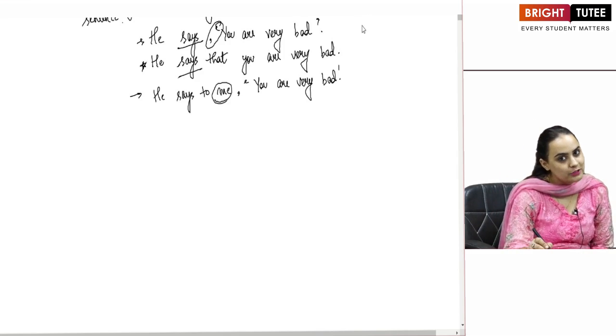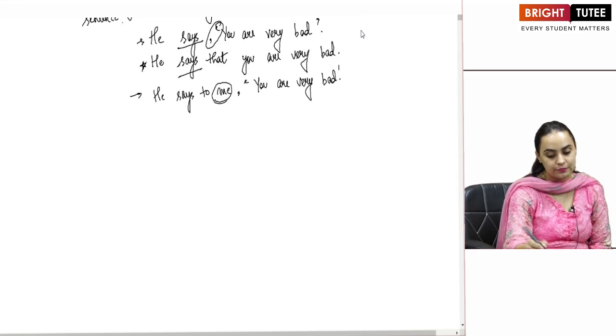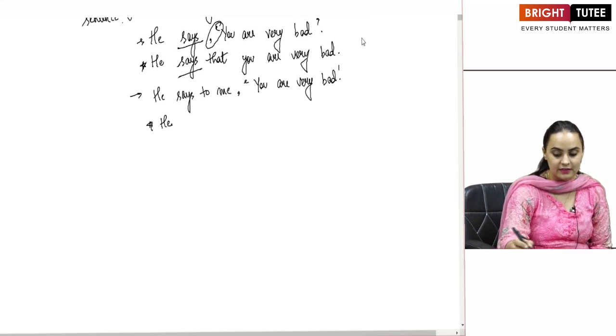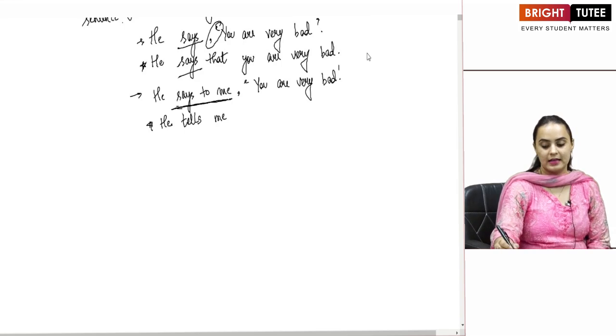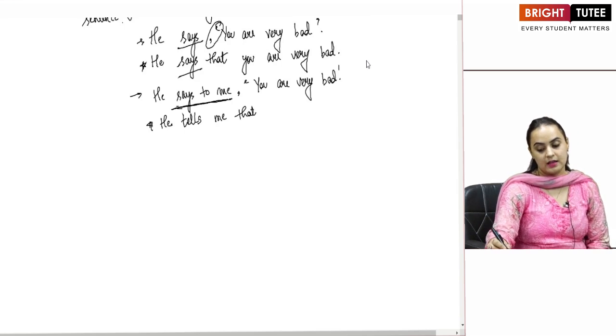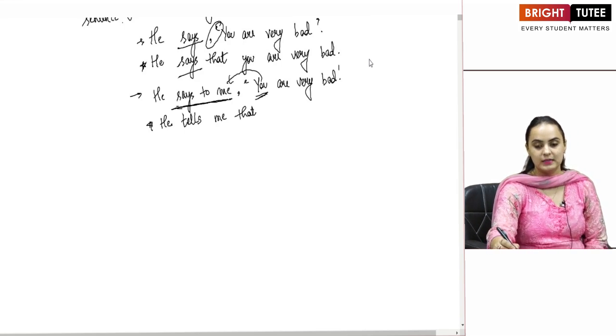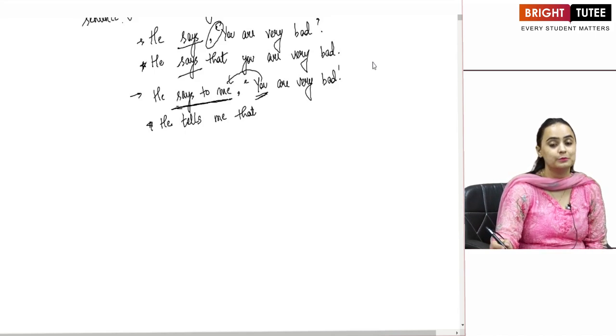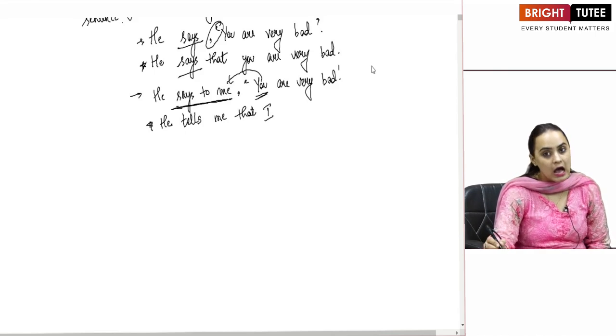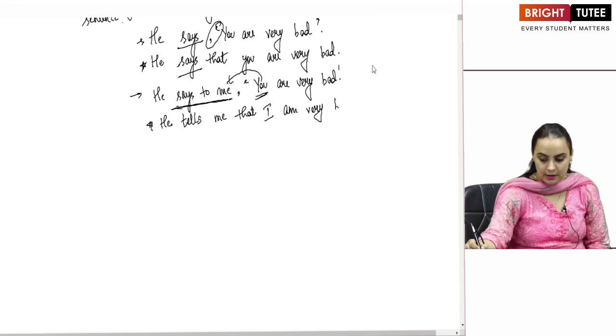So how am I going to change this sentence now? Says to me changes to tells me that. Now this you is used for me. So he's saying to me that you are very bad. So he tells me that I am very bad.